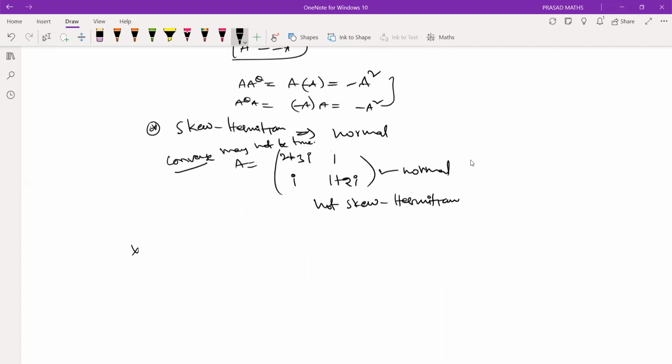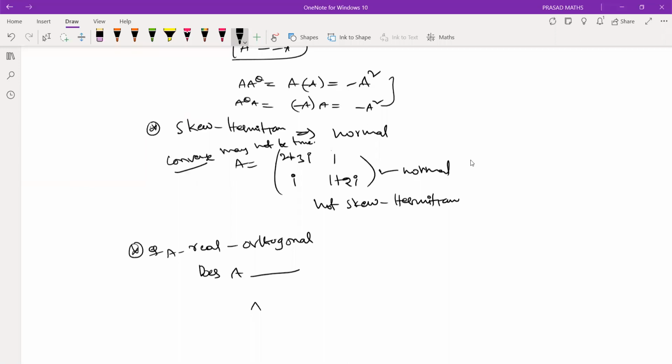Next, you take a real orthogonal matrix. A is a real orthogonal matrix. Does it mean that it is normal?